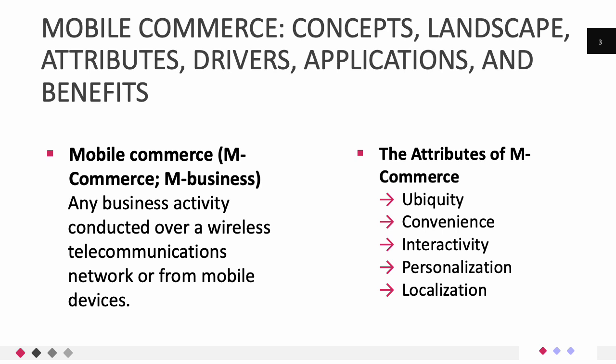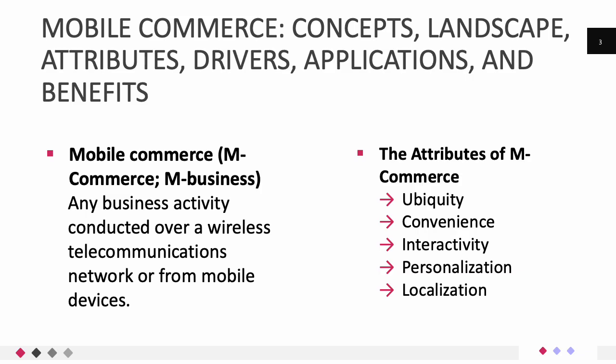So why is it so popular? Mobile commerce is super convenient. Convenient here means that you can do it anytime, anywhere, and it's also interactive, like chatting with the seller live, and even personalized.